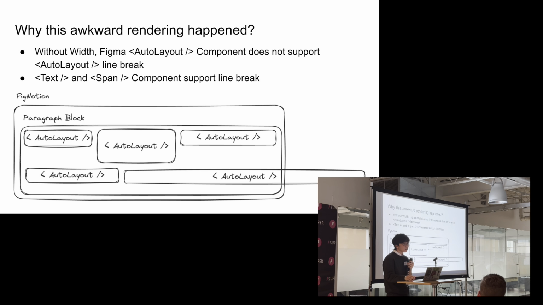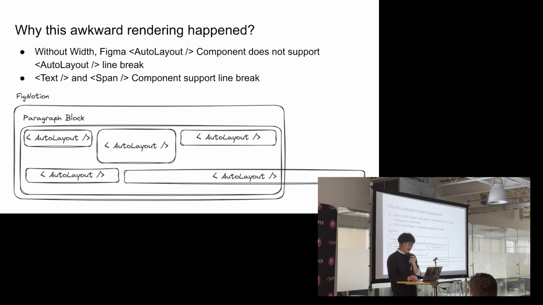So why did this awkward rendering happen? This happens because the Figma auto layout component, which I used to wrap the text component for background colors, does not support automatic line wrapping for text wrapped with auto layout. In a situation where the auto layout component is dynamically rendered, the FigNotion widget itself had a fixed width.